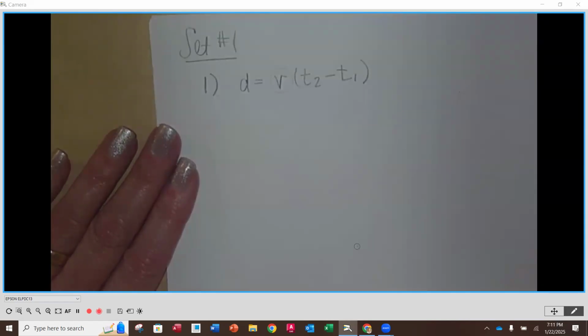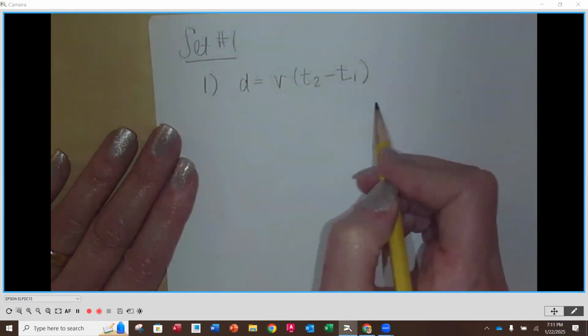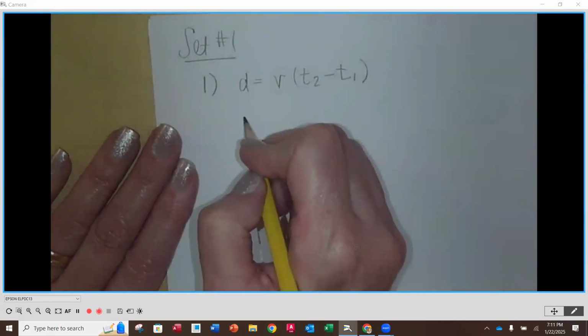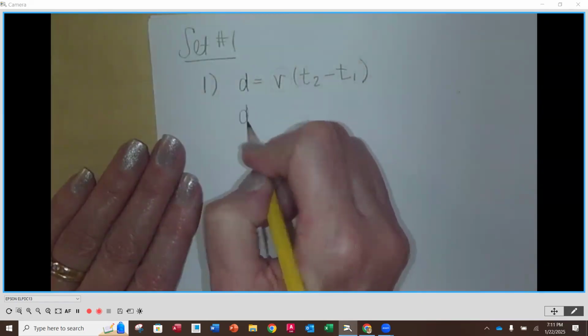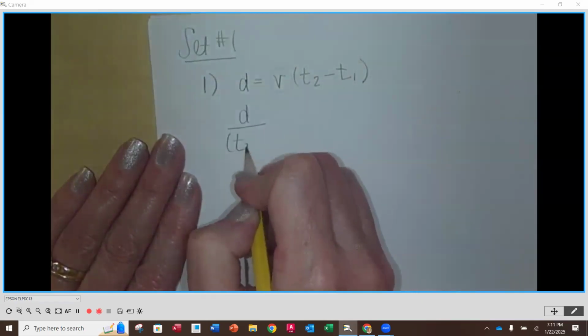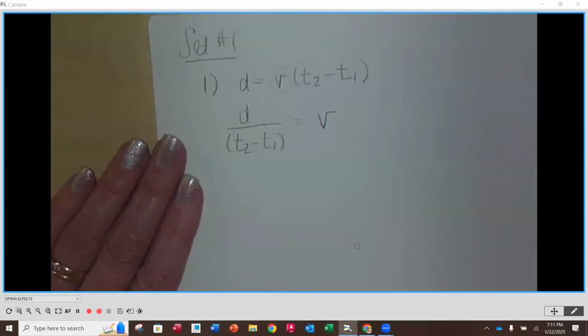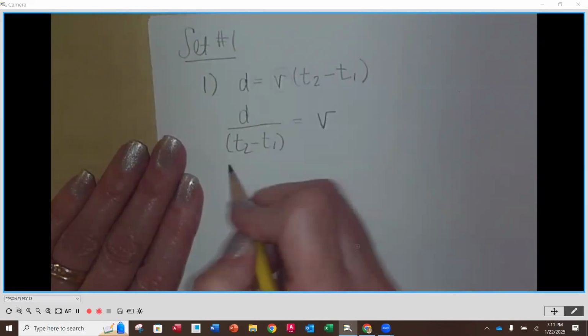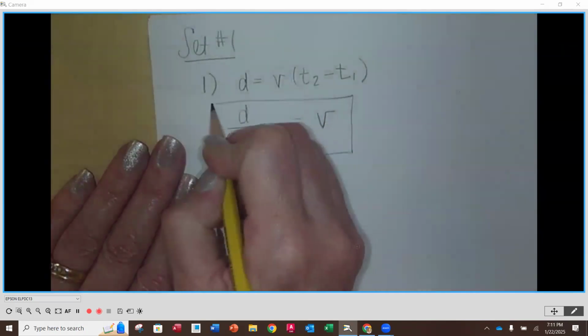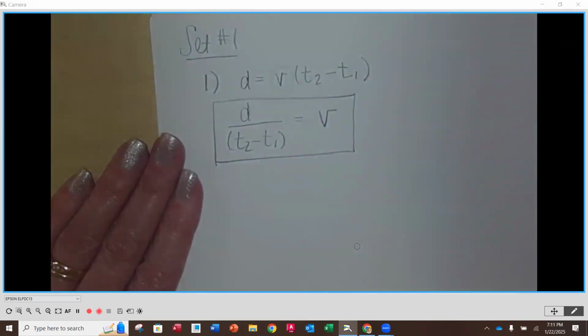You don't necessarily have to show divide by T2 minus T1. For my purposes, I just want to see D divided by T2 minus T1 is equal to V, and that would be it. If you did want to do that intermediate step and show how you divide both sides and then rewrite it, that's fine, but this would be my final answer, solving for V.